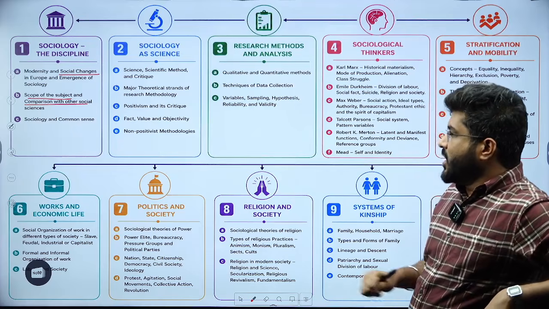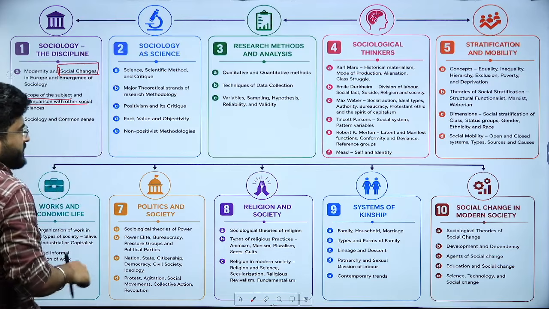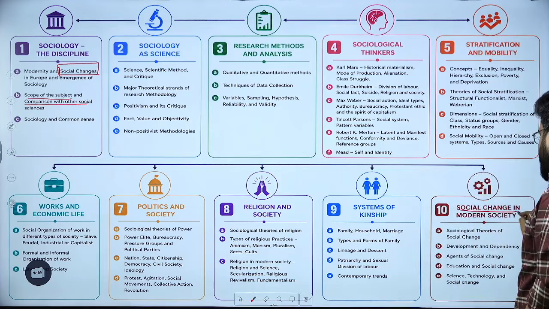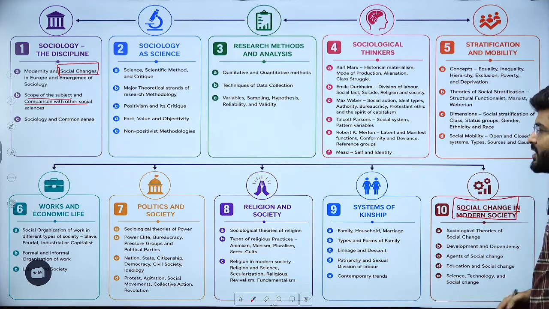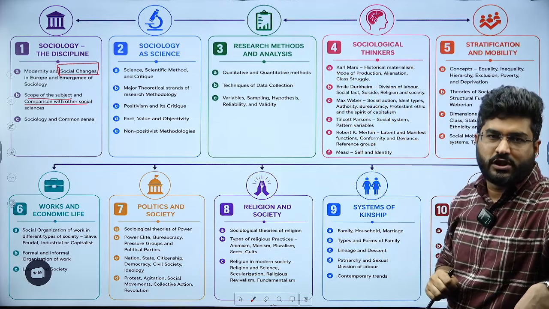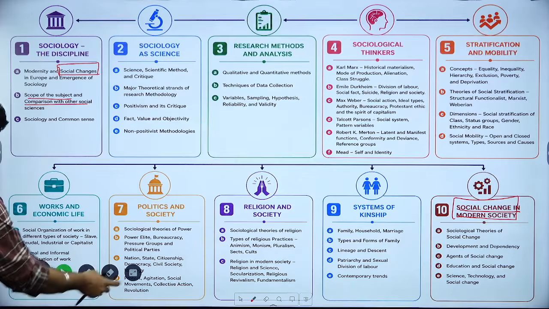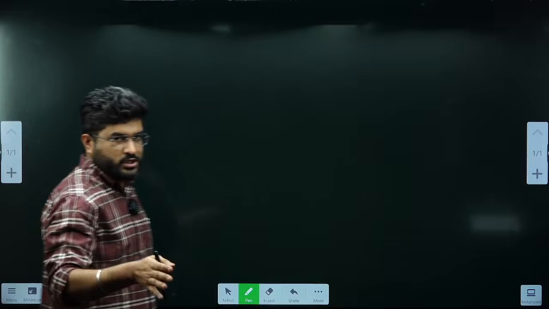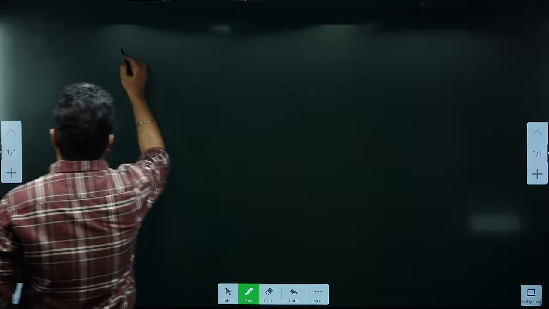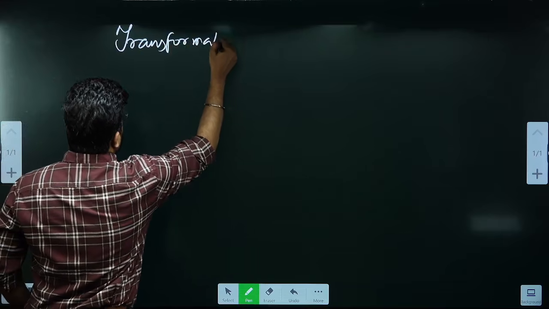Okay. Now I have underlined one thing here, which is modernity and social changes. Now let's read the 10th chapter of our paper 1, social change in modern society. So from the first chapter to the 10th chapter, we are going to focus on social change. Okay. Now what does this mean? The whole of our sociology, be it in paper 1 or paper 2, talks about the transformation of society.